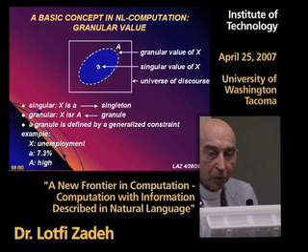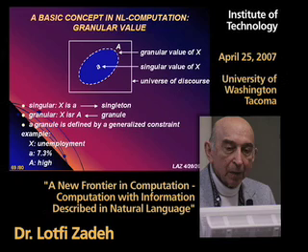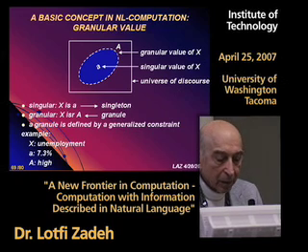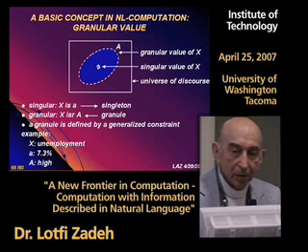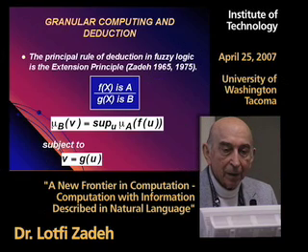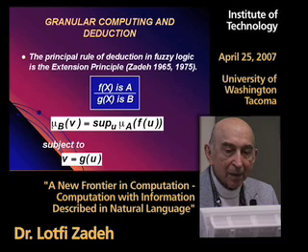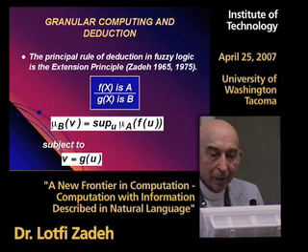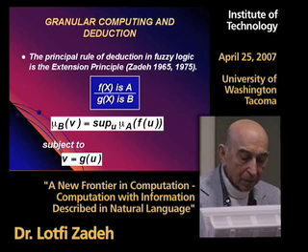One of the principal deduction rules is called the extension principle. That extension principle appears in my first paper, 1965, but in that paper I did not call it the extension principle. I called it the extension principle in a later paper, in 1975, and basically what it says is the following.